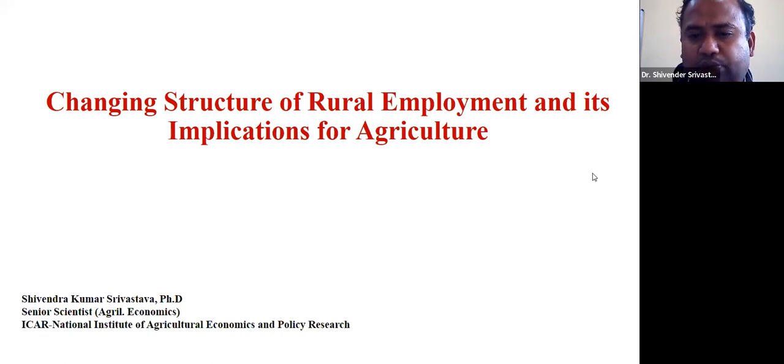So we can have many linkages, many connects between the changes in the rural economy, then changes in rural employment, and then its implications on agriculture: whether farm mechanization is desirable, whether it is taking place at a desired rate or not, whether we are benefiting from farm mechanization or not.